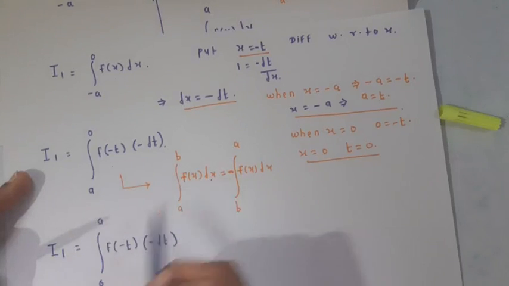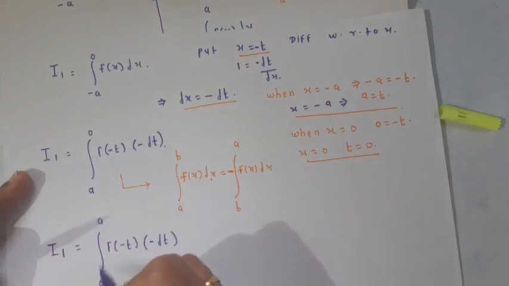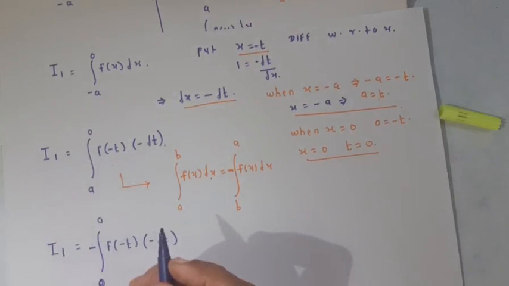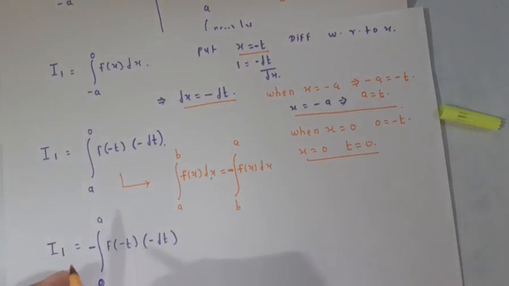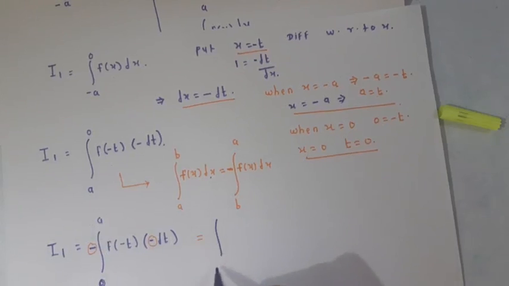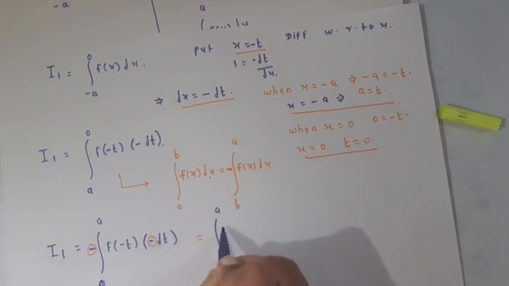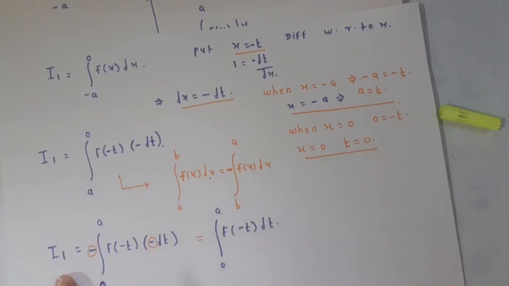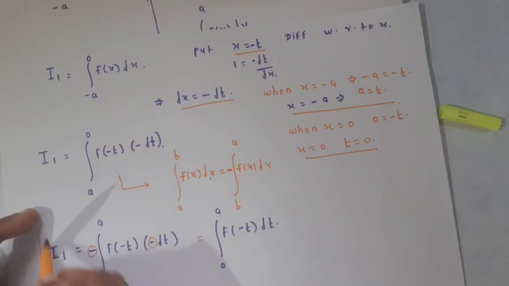By interchanging the upper limit and lower limit, the sign of integration changes to negative, and this negative with the other negative becomes positive. That is, 0 to a of f of minus t with respect to t, and this is I1.